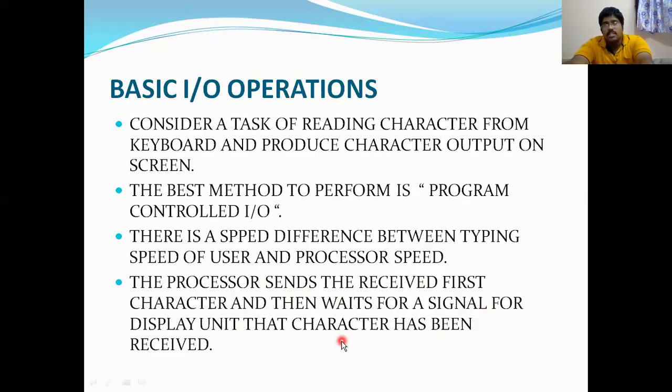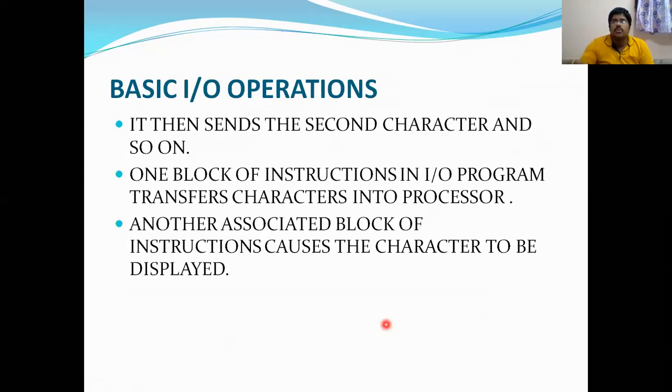Once it transmits K, it will wait until it receives a signal from the output unit that your K is being printed. Once it is over, it is going to transfer the second character. Whenever it again receives a signal that your second character is also transmitted, it is going to transmit the third character, and so on. I think it is clear.